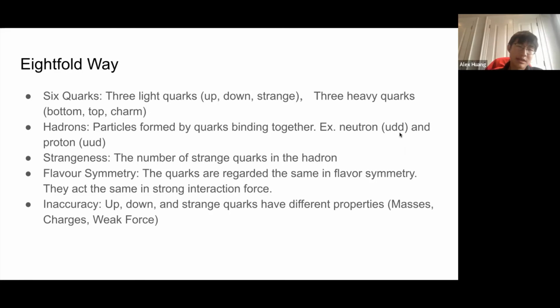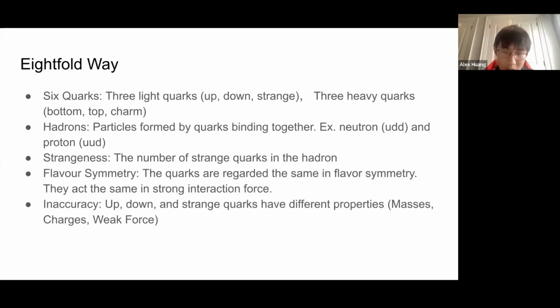And the third one is strangeness. Strangeness, we now know, is the number of strange quarks in the hadron. But at that time, physicists had no idea about the existence of quarks. So it was a created quantity, because there was a group of particles that physicists were really confused about. They are rather easy to produce, but they decay very slowly.